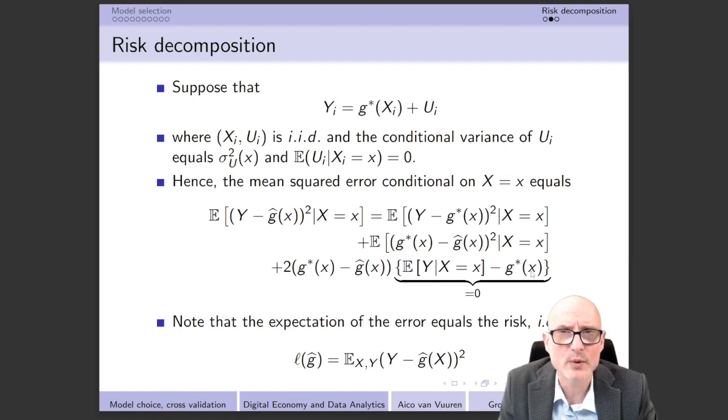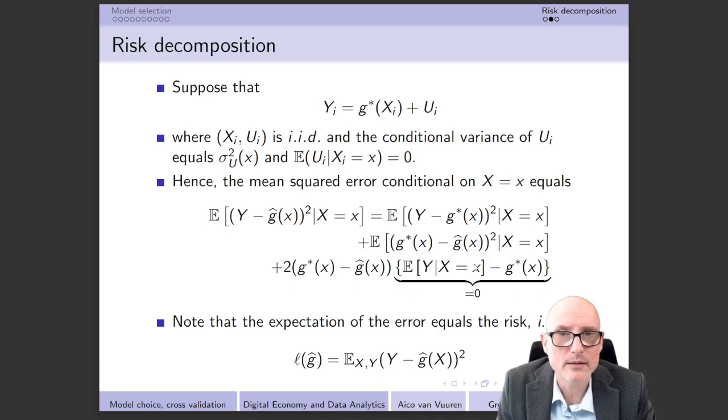But given the assumption and the model that we've made over here, it's not that difficult to find out that the mean of y conditional on x equal to x is just equal to g star x itself, which means that this difference is simply equal to 0, which means that this whole term is going to be equal to 0.